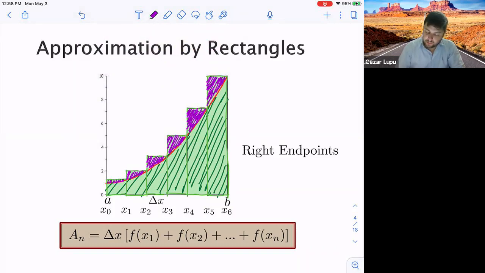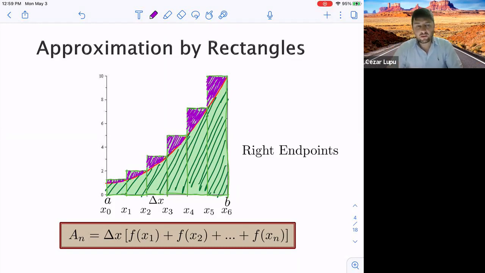All right. So what are we going to do? By the right endpoints, the only difference now is that instead of from x0 all the way to xn minus 1, because those were the left endpoints, now I'm just going to use the right endpoints.